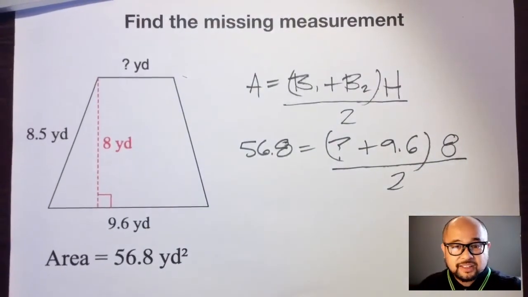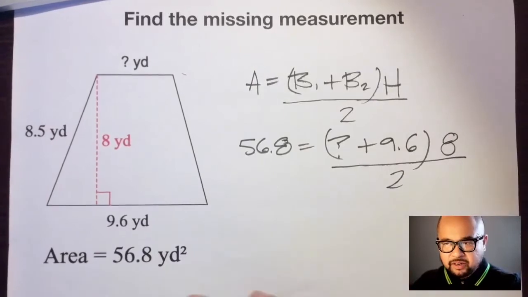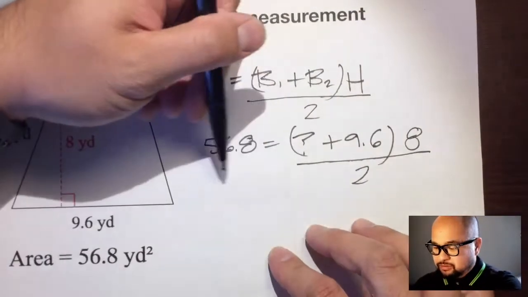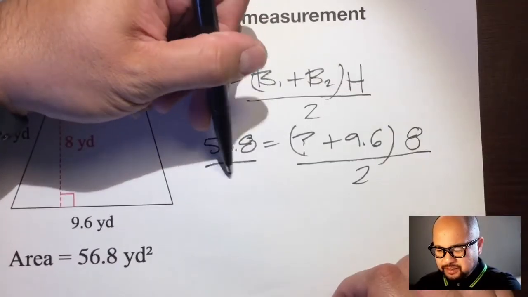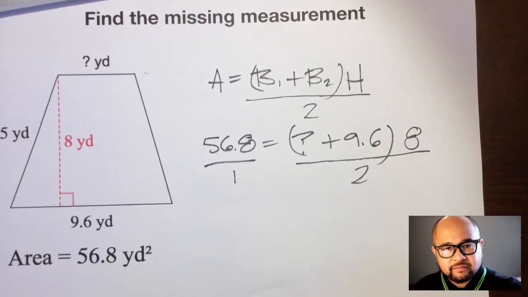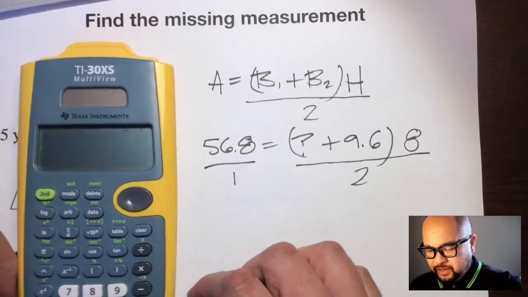All right, so let's do some work. There are different ways that you can do this, but with this we have a fraction. Let's make this into a fraction, and let's cross multiply. This was just one way. If you have a different way, that's fine.